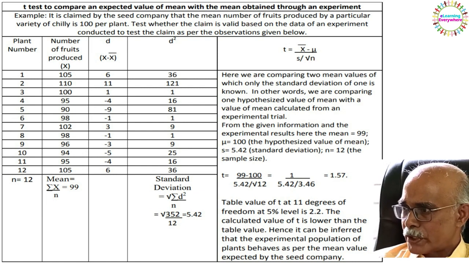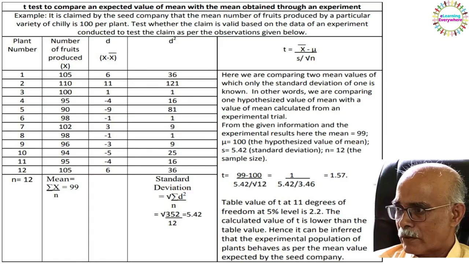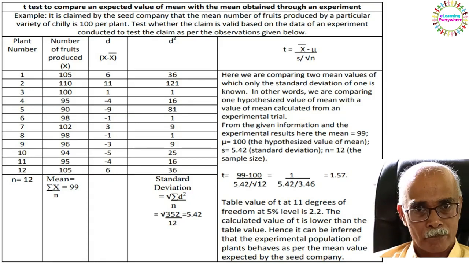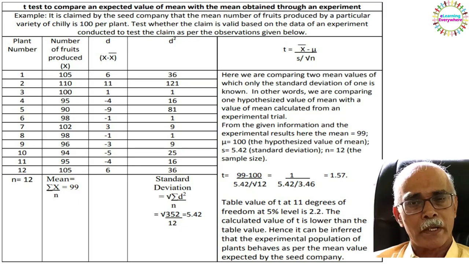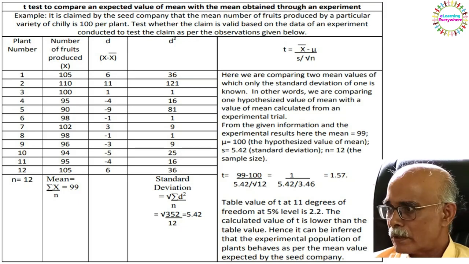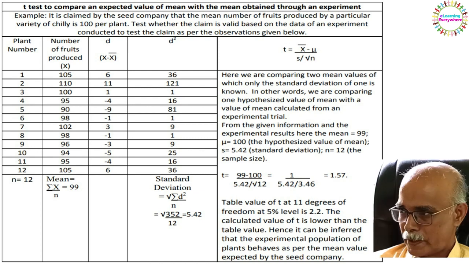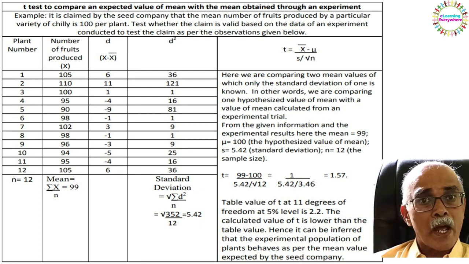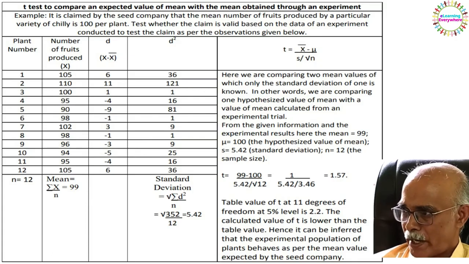It is claimed by a seed company that the mean number of fruits produced by a particular variety of chili is 100 per plant. They claim that the mean number of fruit production by this variety of chili is 100. And you are asked to conduct an experiment and to test whether the claim is valid based on the data obtained.